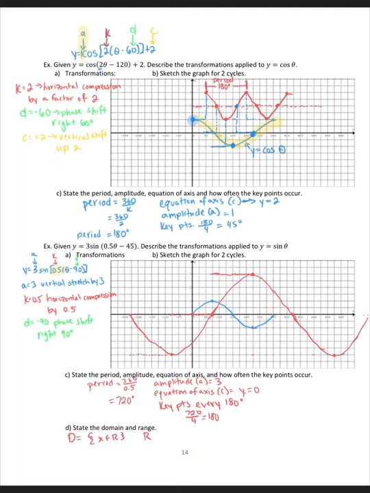But remember, for our range, our y values are affected by those maximum and minimum values. So my minimum value is a -3, and my maximum value is a +3. So our range would be between a -3 and a +3.